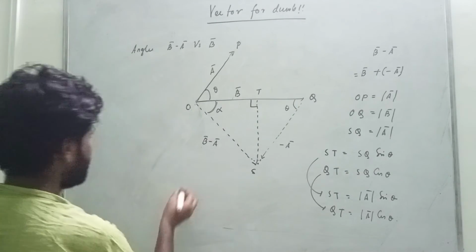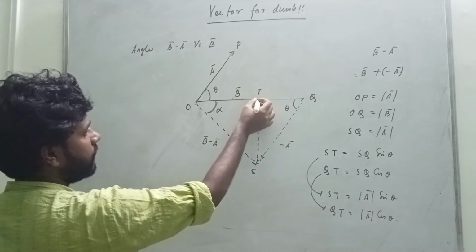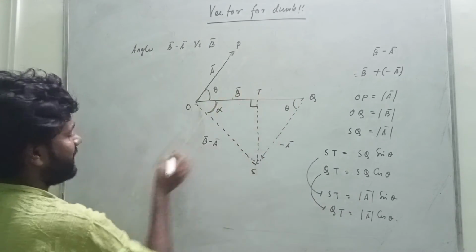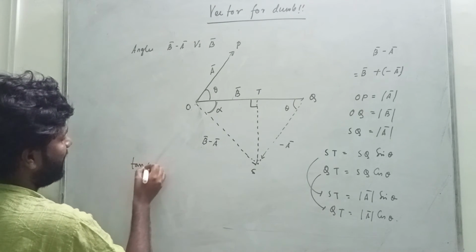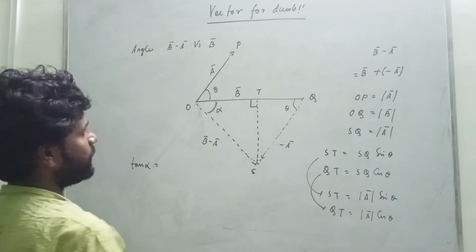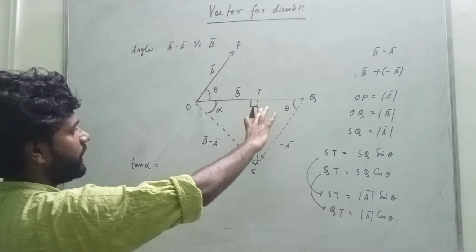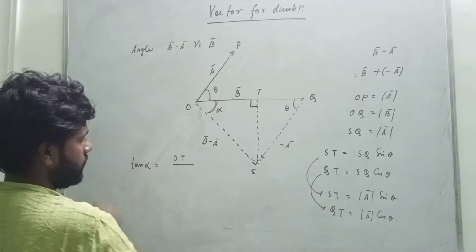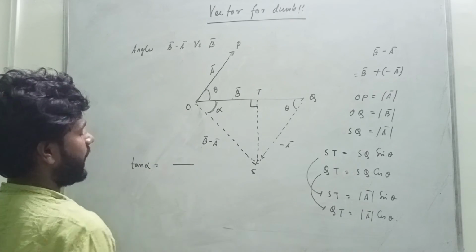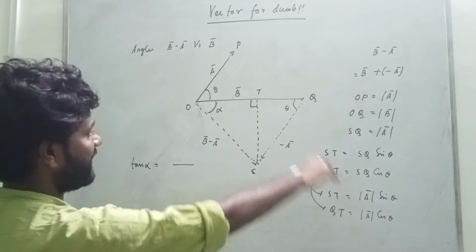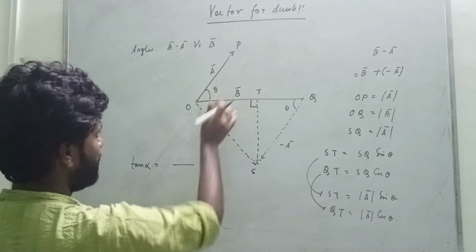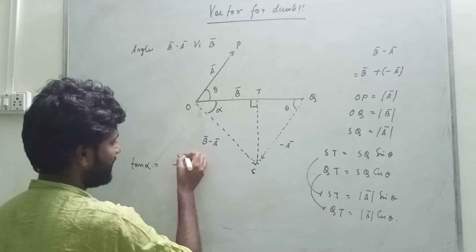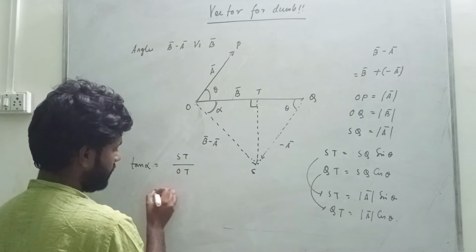Okay. Just take the right angle triangle here. Just take tan alpha. Tan alpha goes to OT by ST. Oh sorry, tan means height by base, right? So ST by OT.